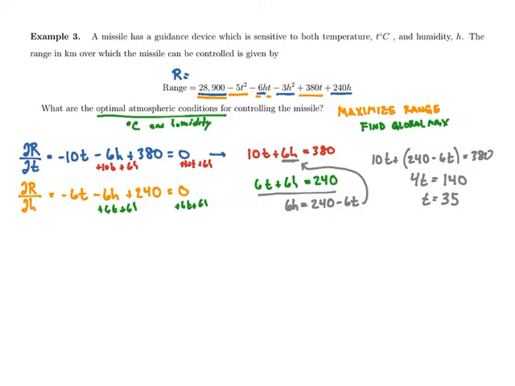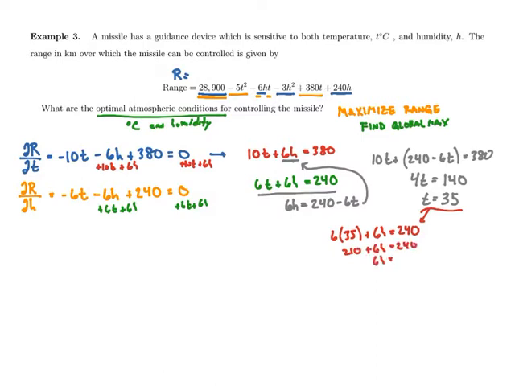Then I can use that t equals 35 and plug it into either one of the other equations to find the value of h. So I'm going to plug this into the 6t plus 6h equals 240, which will give me 210 plus 6h equals 240.